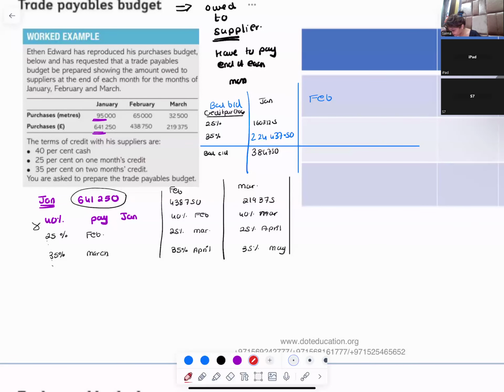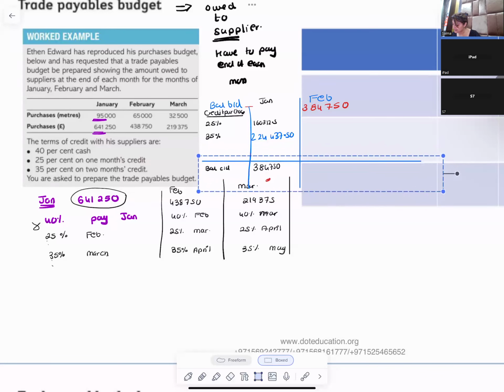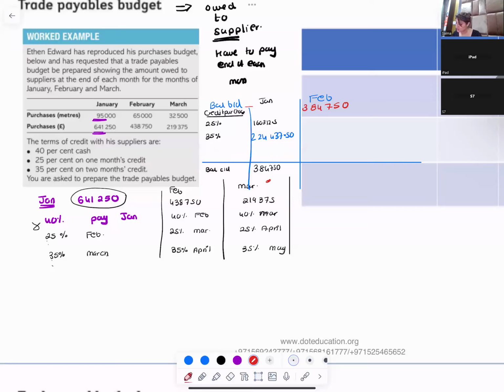No, miss, the closing balance of January has to be the opening balance of February, 384,750. But your 35% is on two months credit. Still, that is the balance brought down. Then you subtract only the 160. Then you will write received, what you have received.